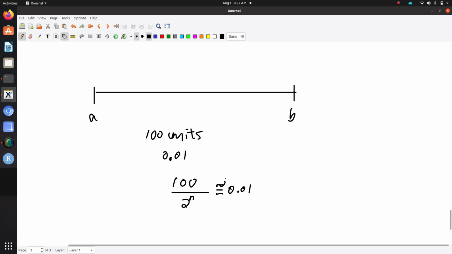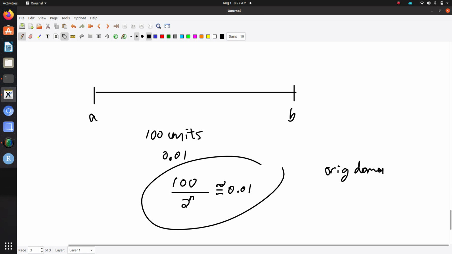So those questions can be answered theoretically or by using the computer. My recommendation is to do both. When your code stops, and these are just small toy problems, you should double check and make sure that this formula agrees: original domain length divided by 2 to the n should be approximately equal to your tolerance. So double check that that makes sense.